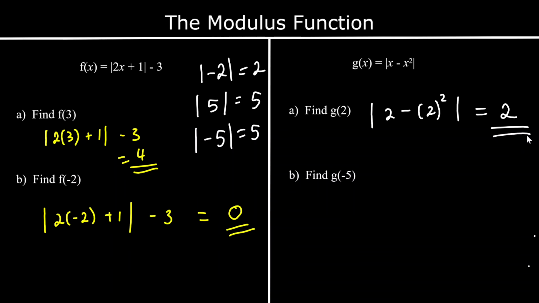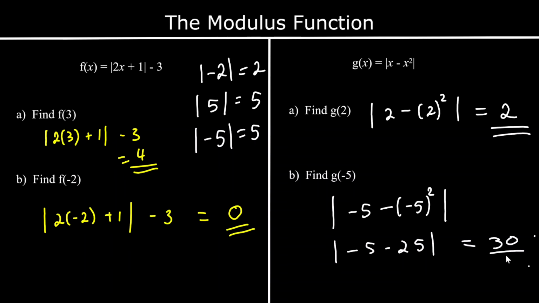G of -5. So we're going to have -5 take away -5 squared. -5 squared is 25. So it's -5 take away 25, which is -30. So the modulus of -30 is 30.